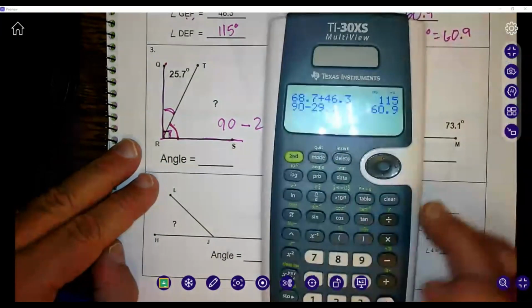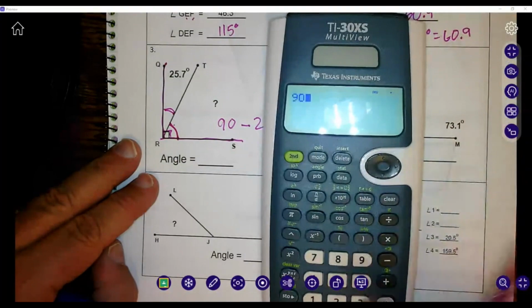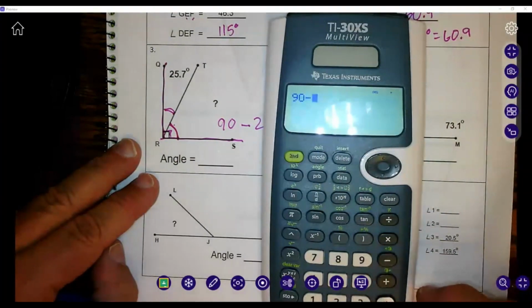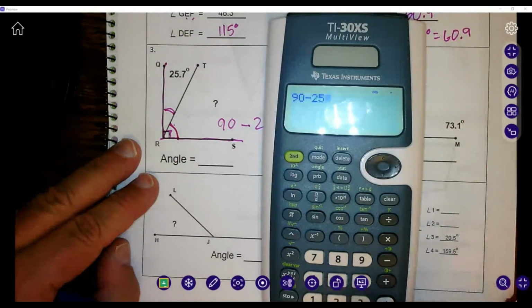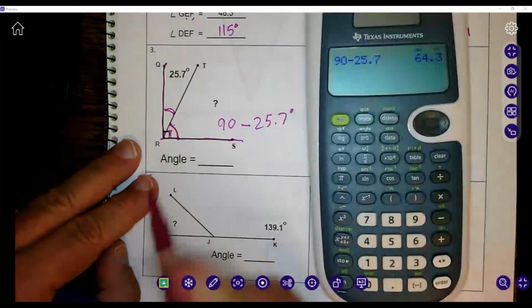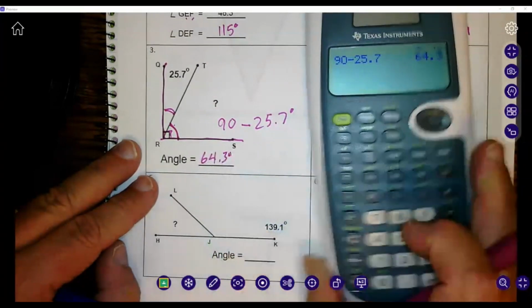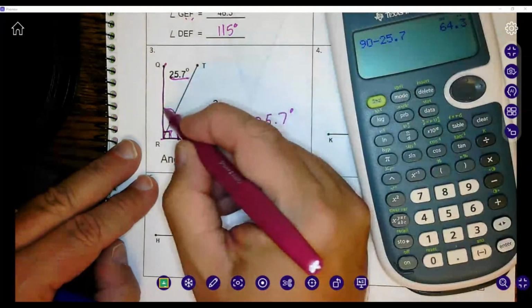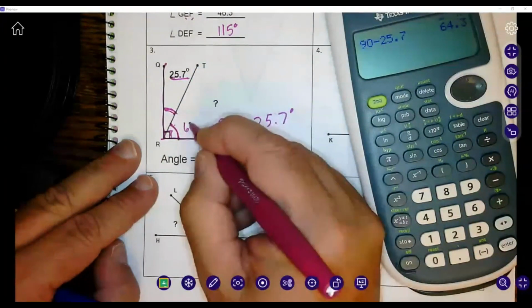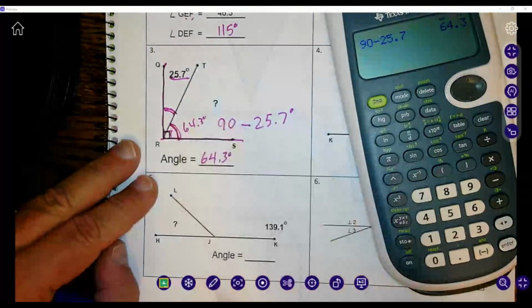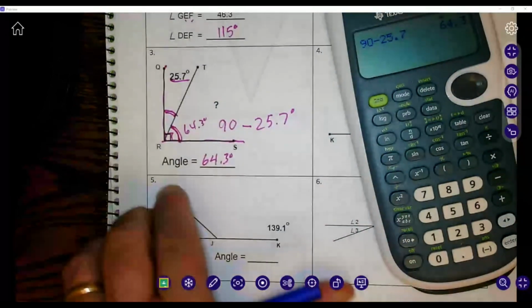So that's what I punch in the calculator. 90 minus 25.7, and I get 64.3 degrees, because 25.7 plus 64.3 degrees need to add up to 90 degrees.